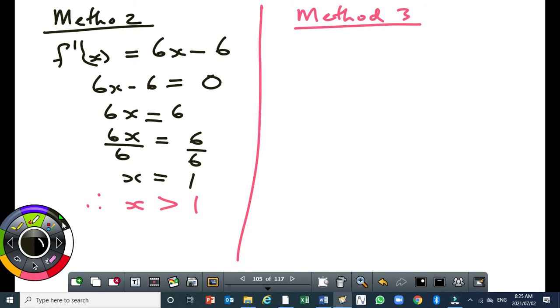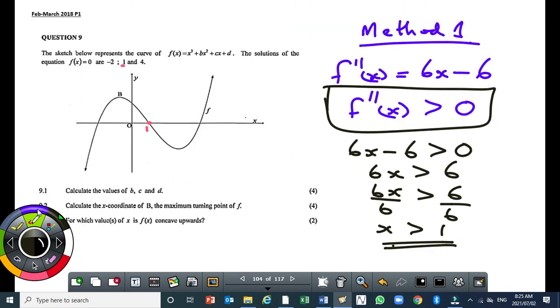For us to do that, we can just find the average of the x values at the turning points. The value of x here and the value of x there, if we find their average, it will be equal to the value of x at the point of inflection.